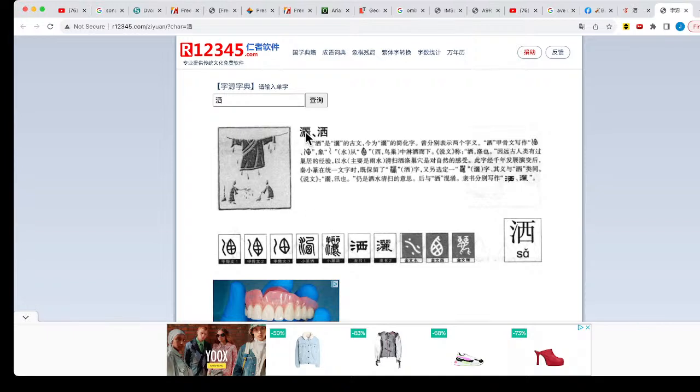This is the traditional character, and the meaning is similar. So basically it's telling you that rain drops down over a bird's nest or some other things.